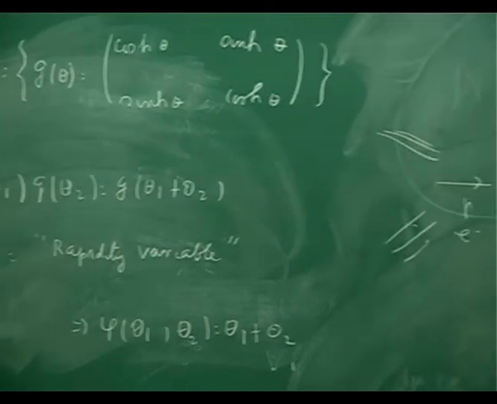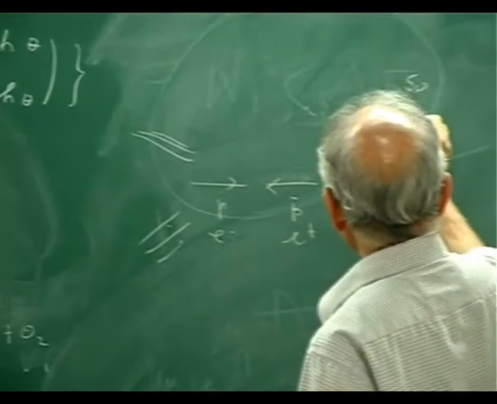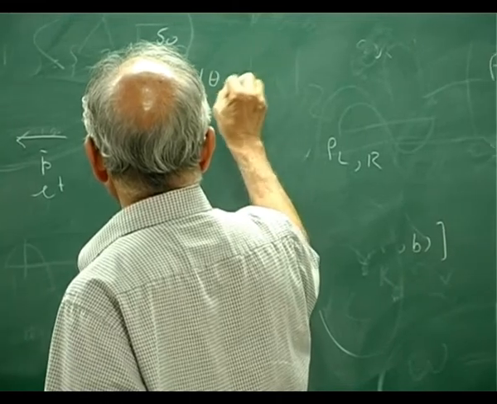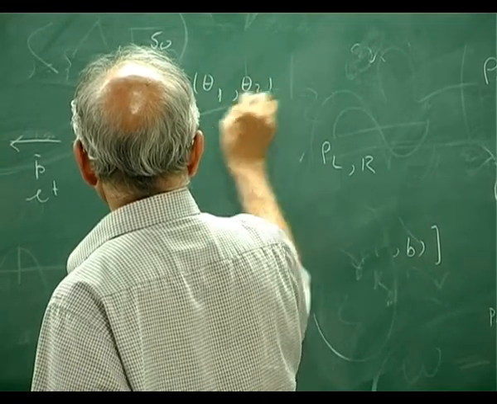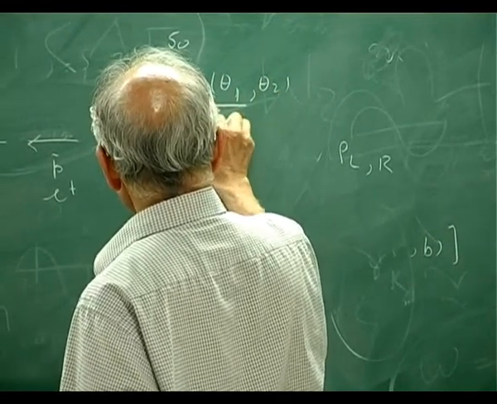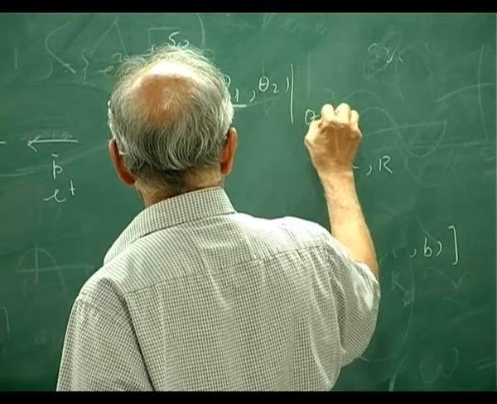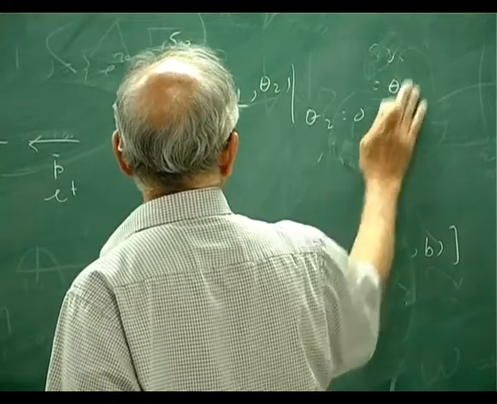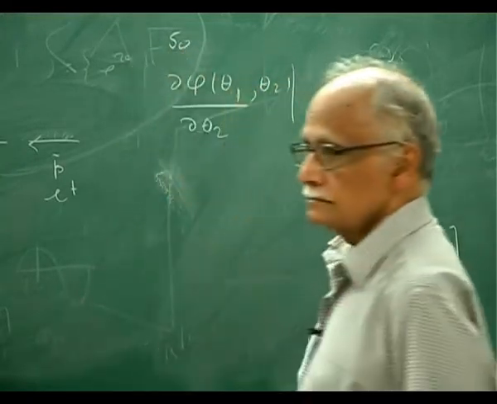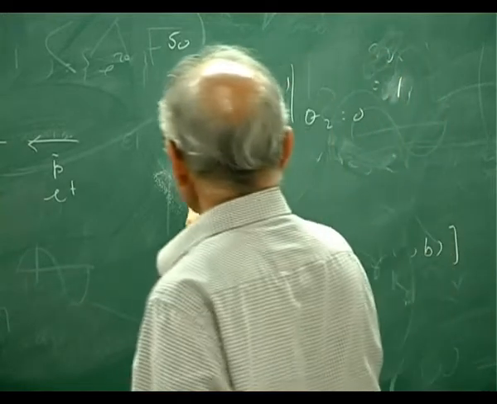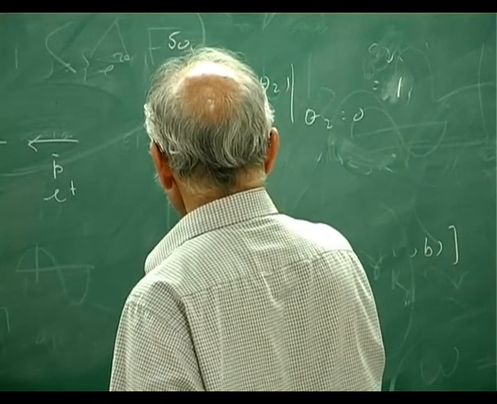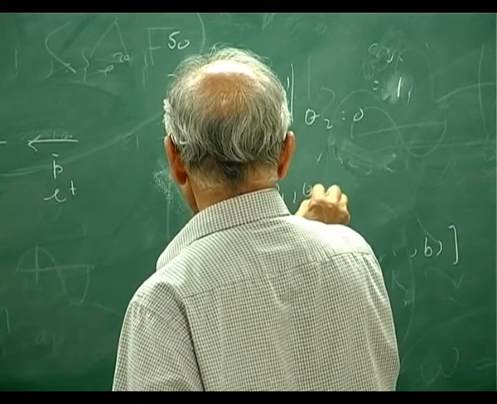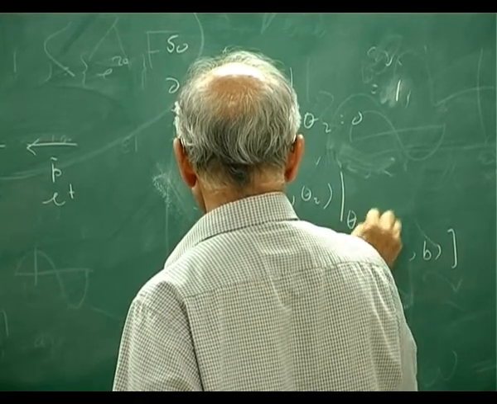So the derivative of phi with respect to theta 2, at theta 2 equal to 0, is 1, and this is also true for the derivative with respect to theta 1, at theta 1 equal to 0.